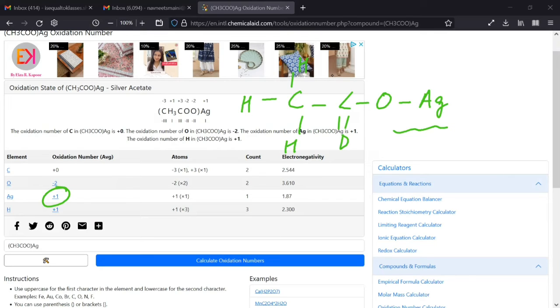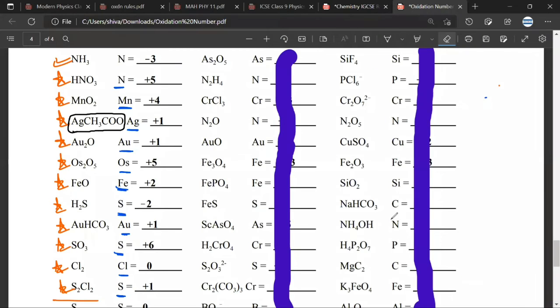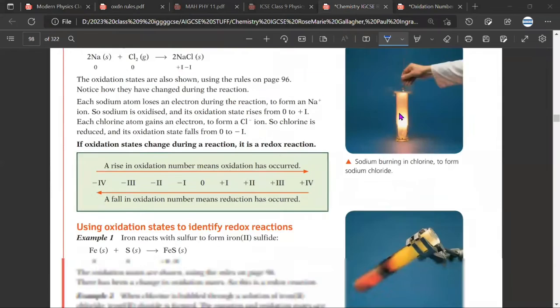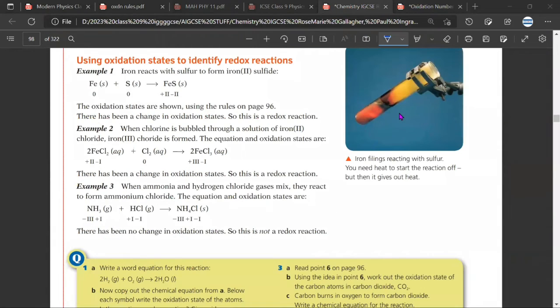Okay, now let us come back to our primary purpose and try to understand how we can use the oxidation state to find where the oxidation and where the reduction is taking place.